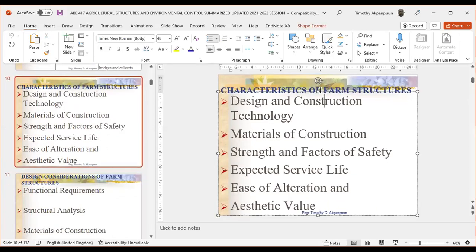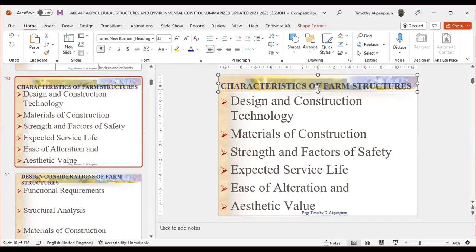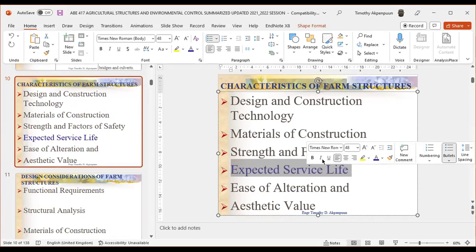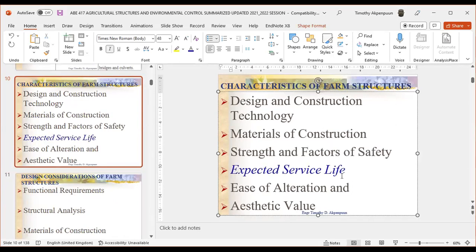This one, characteristics of our farm structures. Design, construction, and technology. This, strength and safety, expected service life. You see? So let's look at these characteristics of farm structures now.